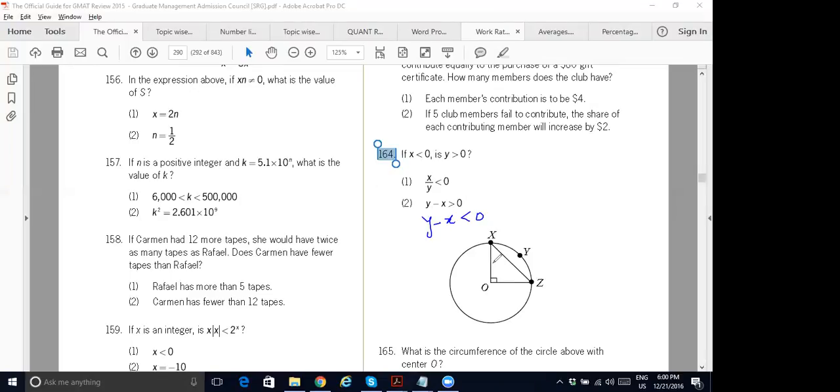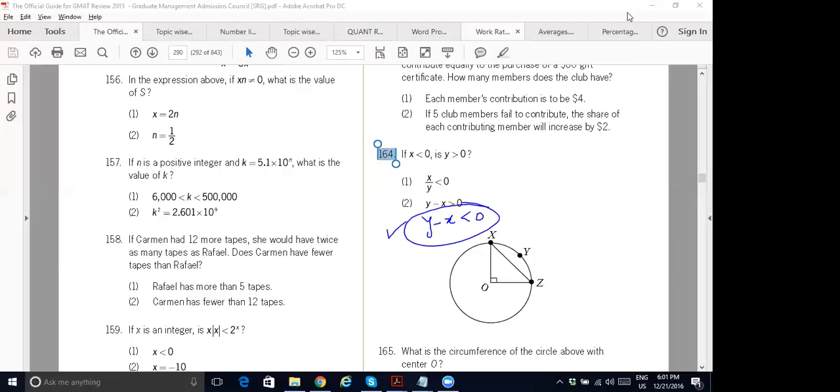And so for the entire expression to be less than zero, doesn't y have to be a negative number? Yes. Y must be a negative number from this. And so that means statement 2 alone, in this case, also will answer the question.